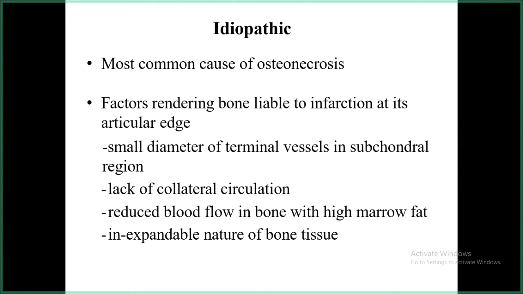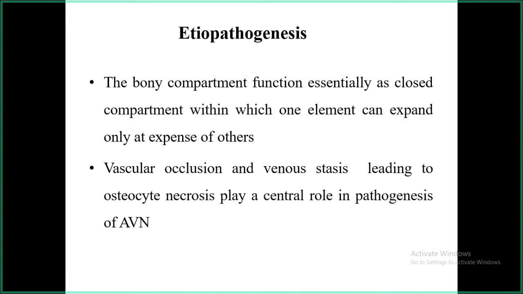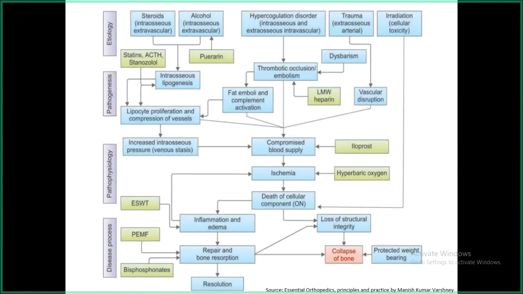Third is reduced blood flow in bone with high marrow fat and the inexpandable nature of the bony tissue, which is described in the Starling resistor. The bony compartment functions essentially as a closed compartment within which one element can expand only at the expense of others. Vascular occlusion and venous stasis lead to osteocyte necrosis, which plays a central role in the pathogenesis of avascular necrosis.